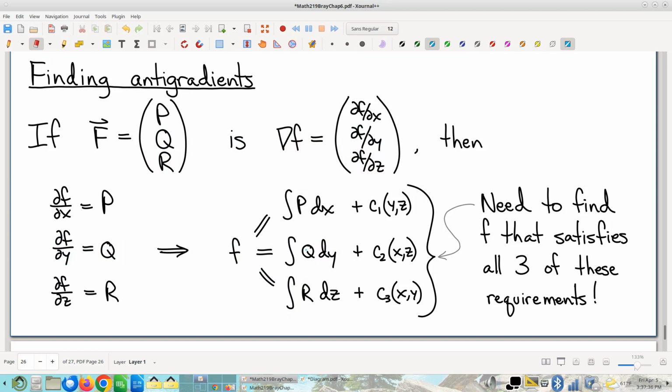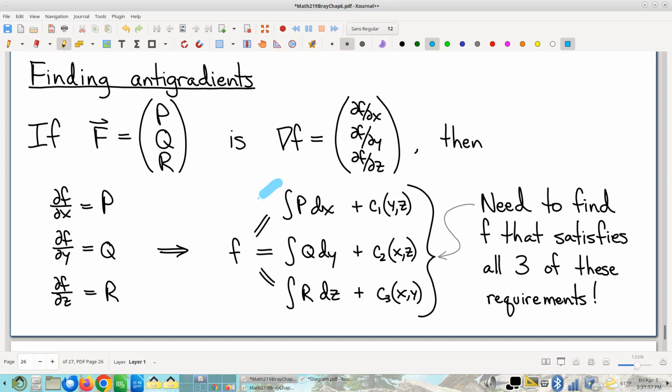Now, keep in mind when you take antiderivatives like I have here, what I have left outside of the highlighting here is, I'm sure you all had this drilled into you in single variable calculus: when you take an antiderivative, you always have to say plus C. So why do you have to say plus C?